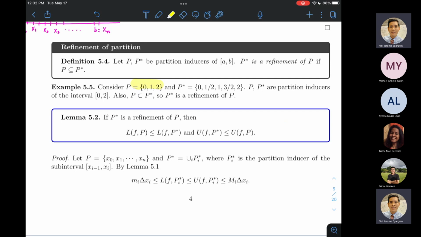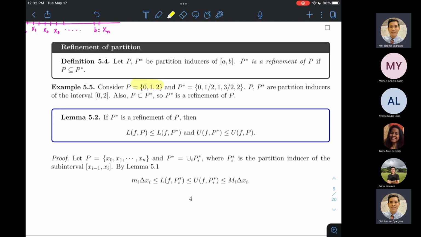The next question is, what happens to the lower and the upper sums kapag ka ni-refine natin yung partition inducer? Okay? So, lemma 5.2 answers that for us. If P star is a refinement of P, nagkakaroon daw tayo ng mas malaking partition inducer. Okay?